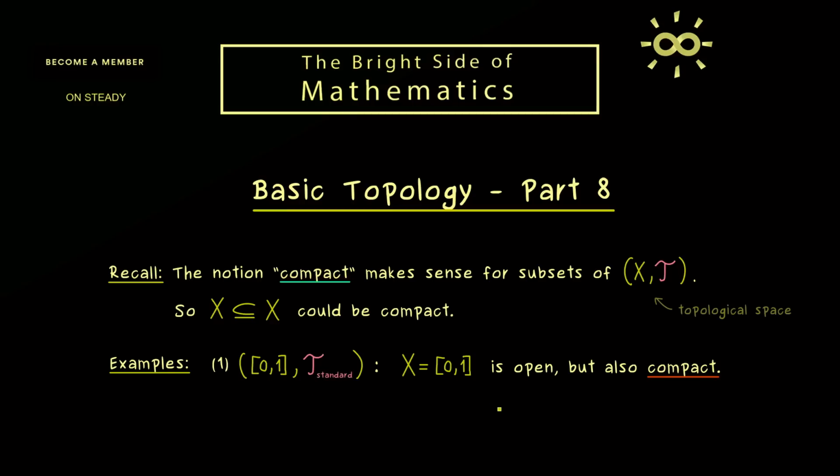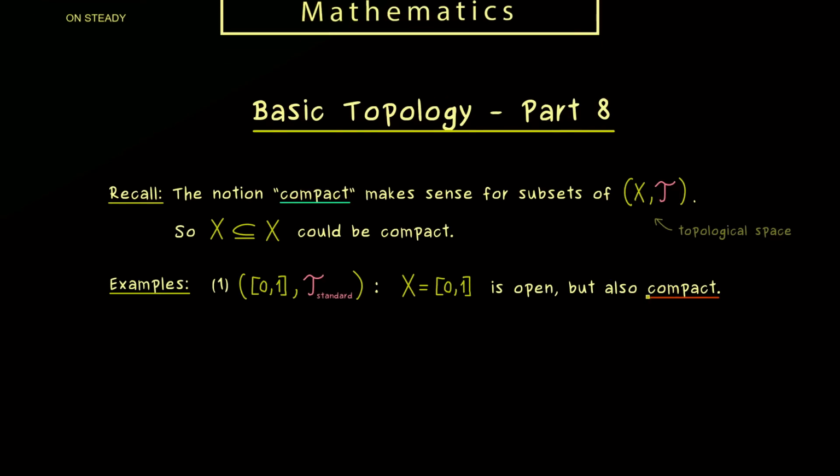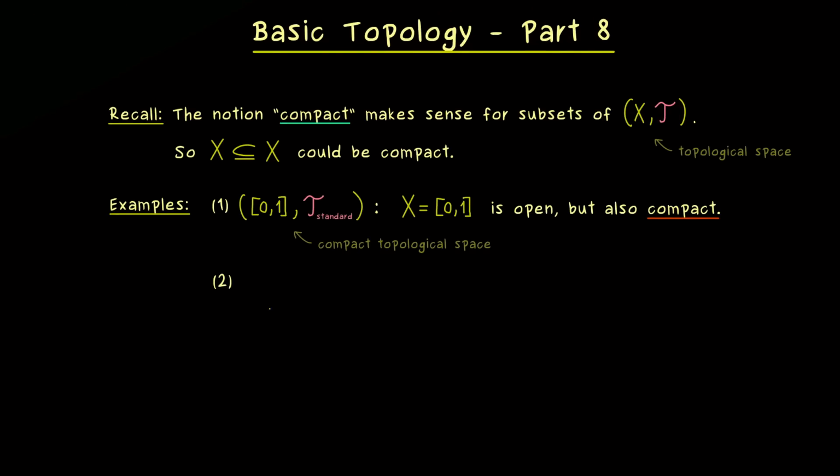So in that sense, we have a very special topological space, which is usually not the case. So for example, if we take the whole real number line together with the standard topology, then R is definitely not a compact set. Hence, this one is not a compact topological space. However, if we take a different topology on R, this can still happen.